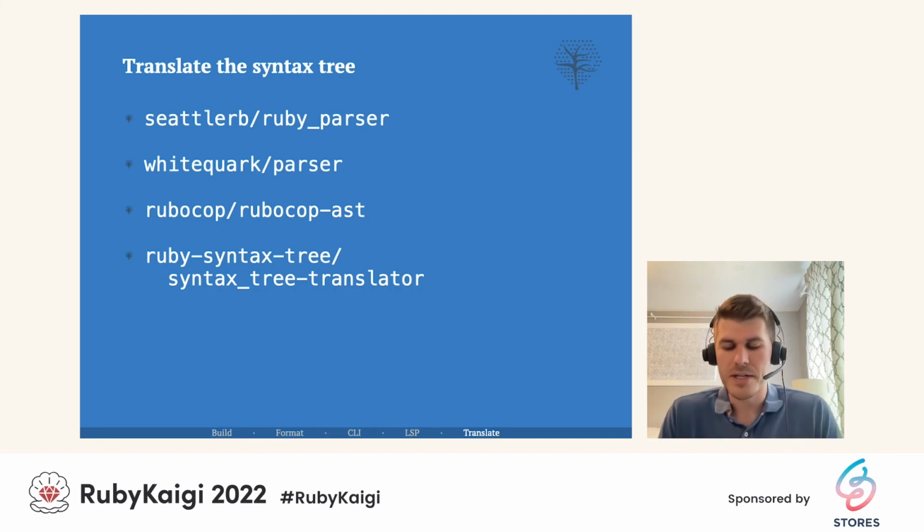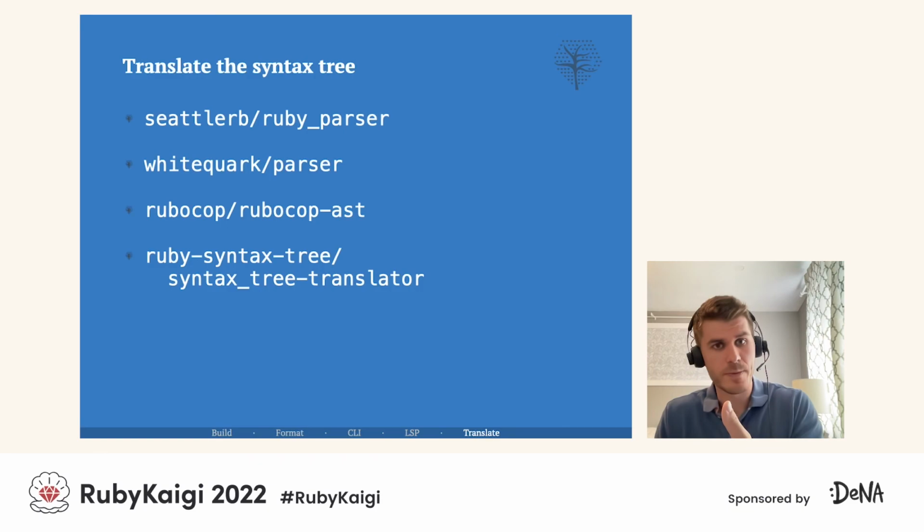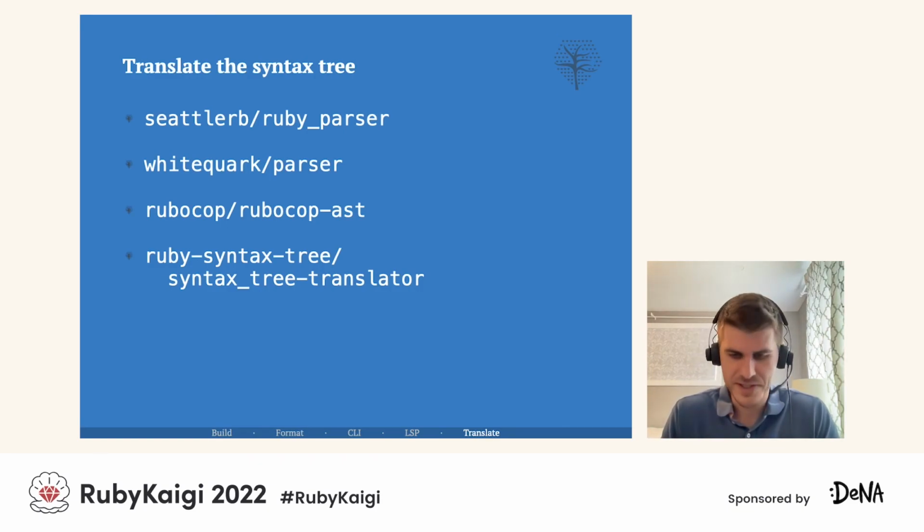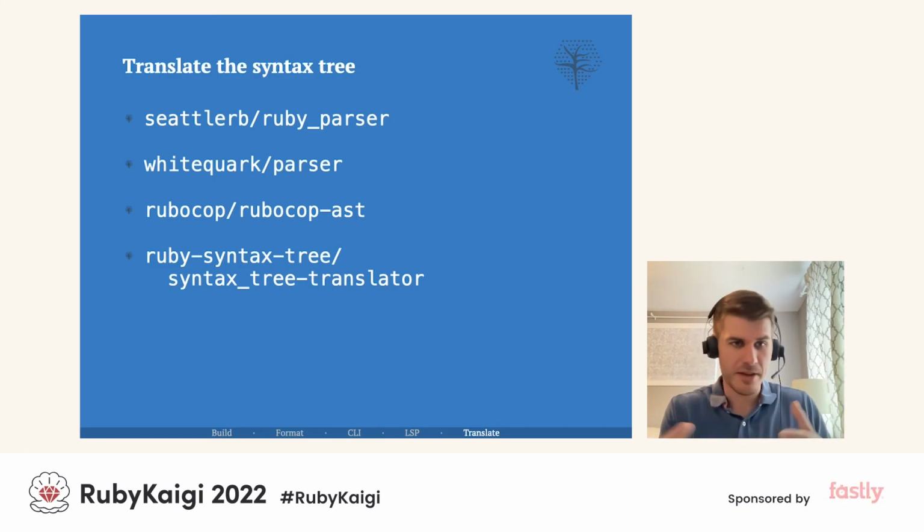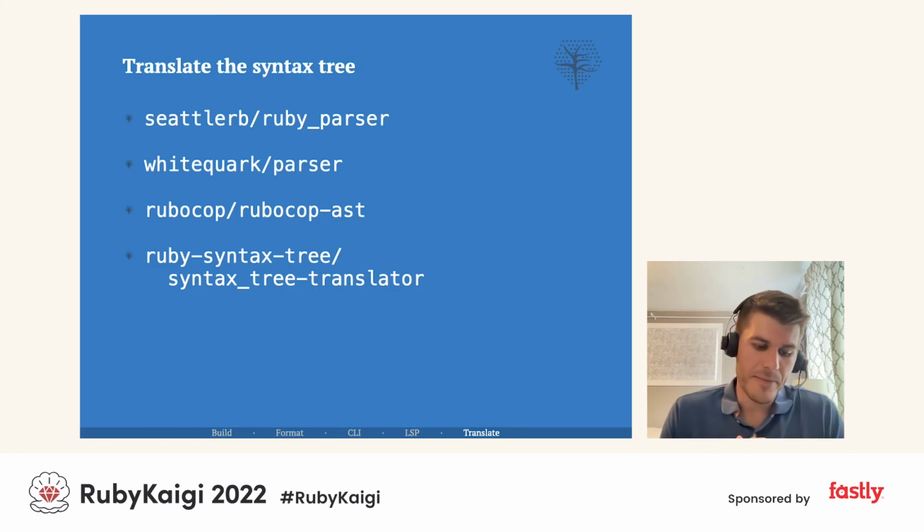So far, what it does is it can translate the existing syntax tree representation, the Ruby syntax tree, and convert it into the White Quark parser or the Ruby parser syntax trees. I'm still working on the location information and comments lining up appropriately, but I already have a branch running where it can run RuboCop with syntax tree being the backing parser.